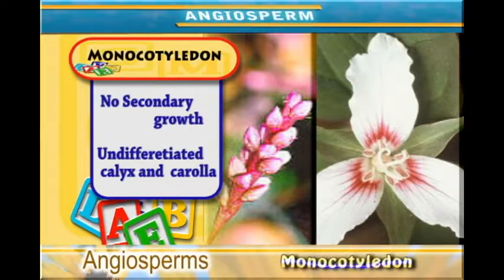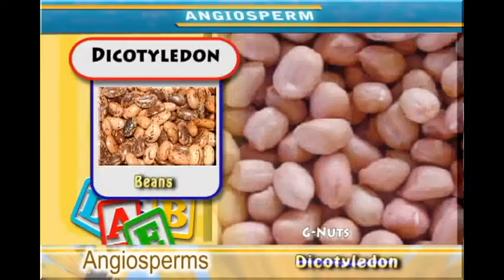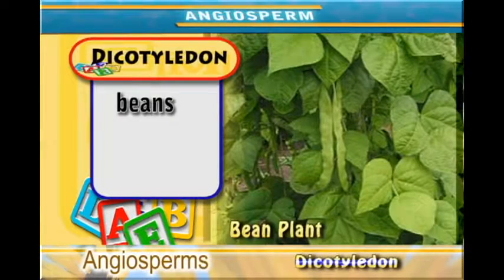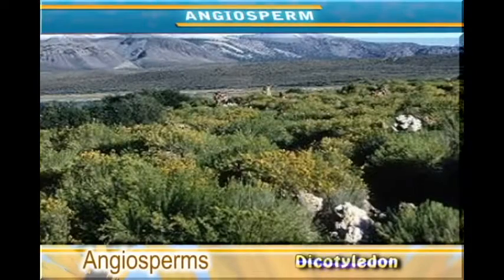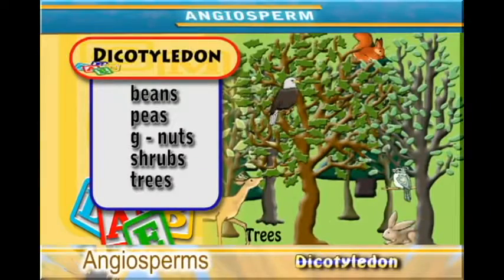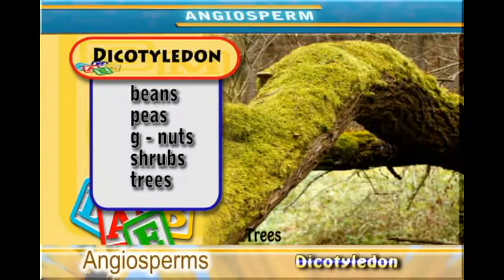Now, when we go to the second division, which is the dicotyledons, this class has plants like beans, peas, groundnuts, shrubs, and trees. Almost all of them fall into this class.